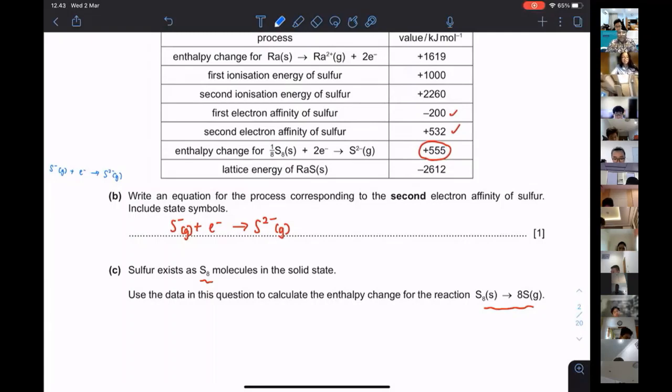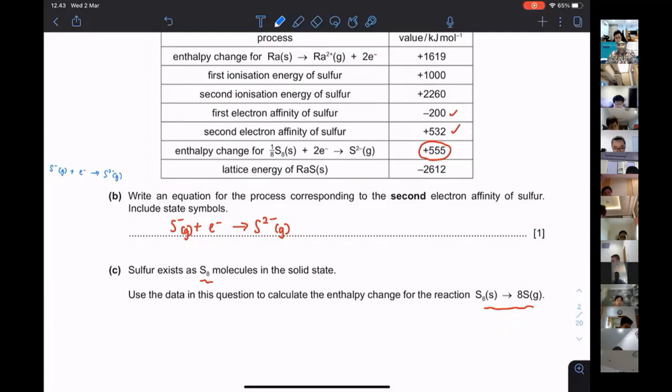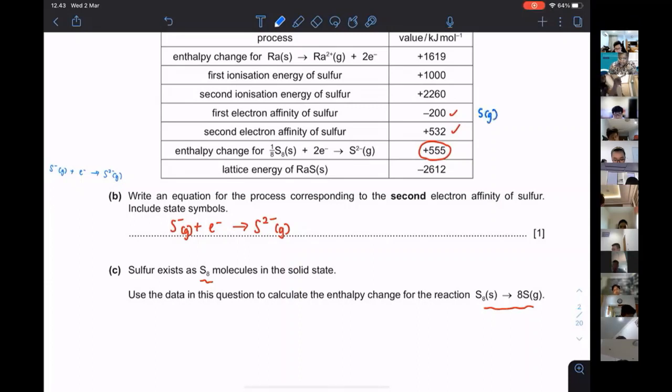So the first electron affinity of sulfur, if you write down the equation, is sulfur, which must be in gaseous form, plus an electron, to get S minus gas. And the second is S minus gas plus another electron, to give you S2 minus, which is gas.